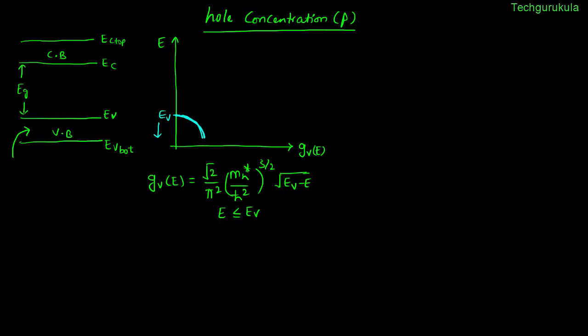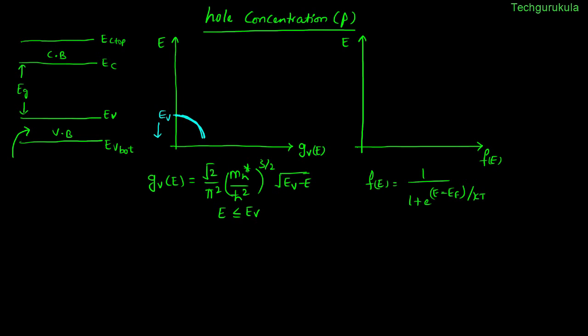Now we know how the energy states are distributed in the valence band. Now we need to find the probability of these energy states to be empty. But we know so far the function which tells us the probability of filling an energy state by electron is given by the Fermi-Dirac distribution. So let me take that, which is given by 1 over 1 plus e power (E minus EF) over kT. And let me plot that graph where I'm taking E on y-axis and f of E on x-axis.